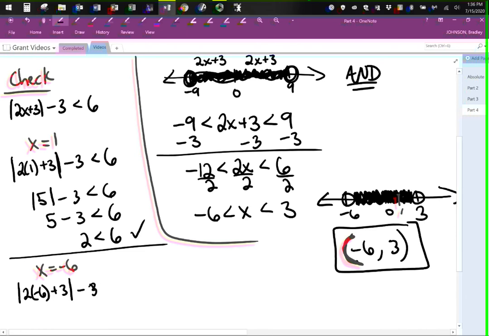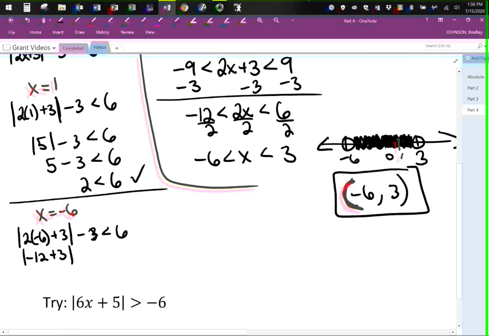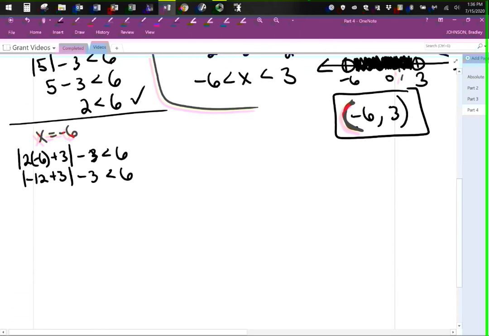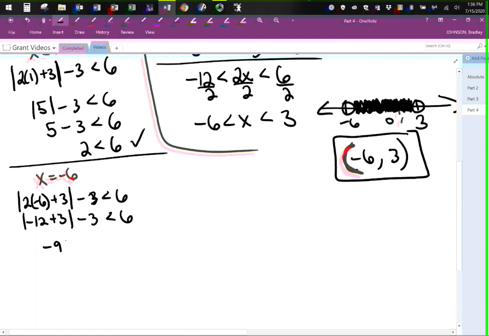We'll subtract 3, less than 6. 2 times negative 6 gives you negative 12. Then we will be adding 3 and subtracting 3 outside of the absolute value bar. So the absolute value of negative 12 plus 3, which is negative 9, with absolute value, minus 3, less than 6.